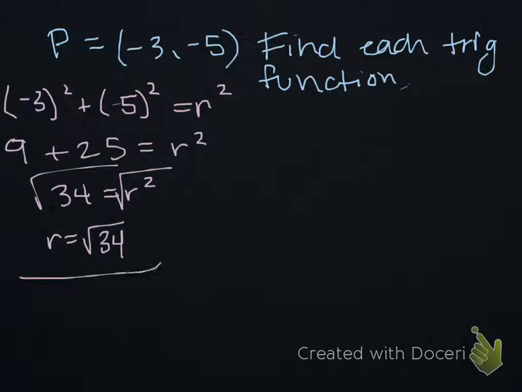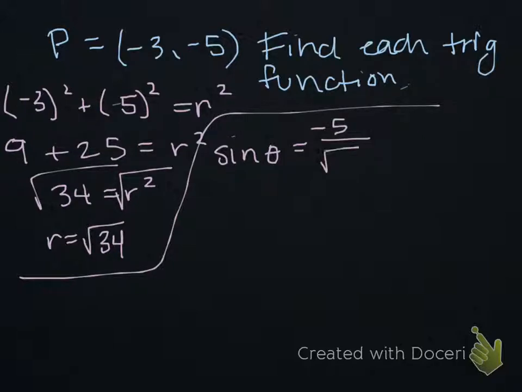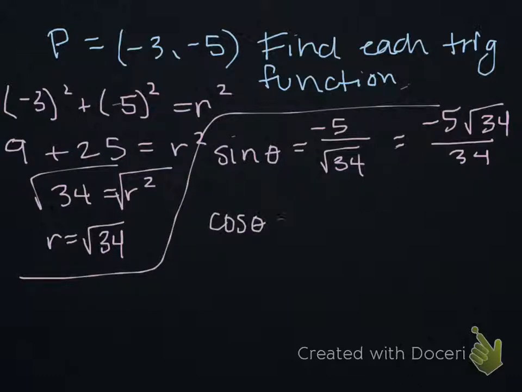So we're going to go ahead and find our trig functions. We're going to start with sine. Sine is y over r. So I take my y value of -5 over the r value of root 34. Now we have to rationalize, and that means multiply by root 34, top and bottom. So I get -5 root 34 all over 34. Cosine of theta is x over r, so -3 over root 34.